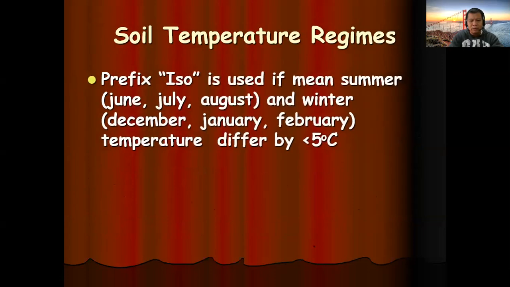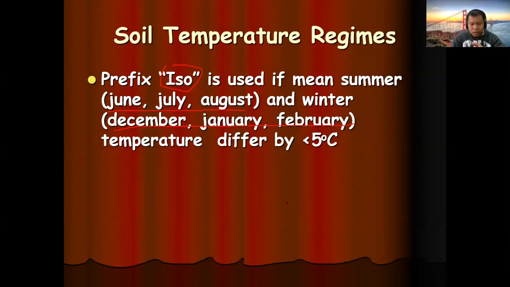To continue, for those soil temperature regimes, we have to add a prefix iso. The prefix iso is used if the mean summer, which in the Philippines is June, July, and August, and the mean winter, which is December, January, and February, differ by less than 5 degrees Celsius.